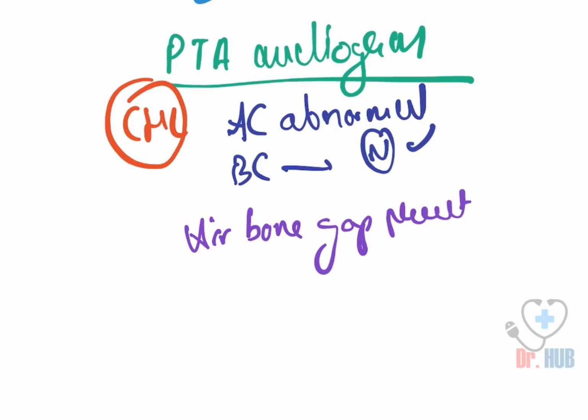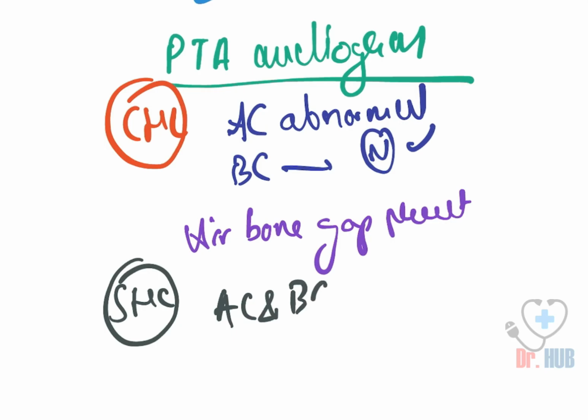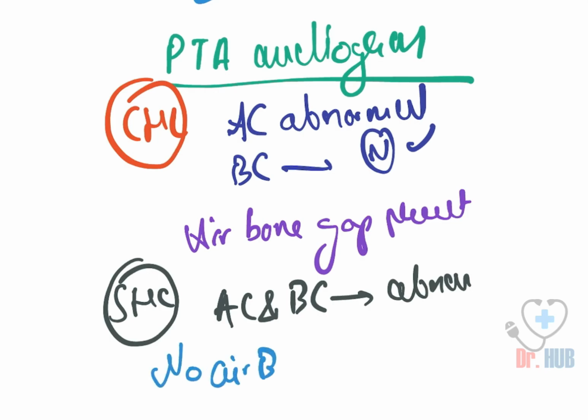Next we see is the SHL. SHL is nothing but the sensorineural hearing loss. So here the AC and the BC are both abnormal, and there is no air-bone gap.